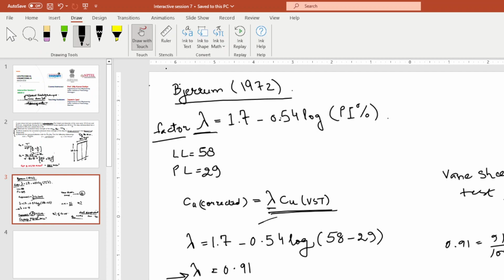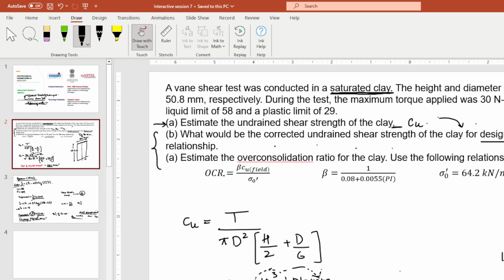The purpose of showing this right now was, see, there will be hundreds of relations that you can come up with after calculating CU. I have discussed only two, just to make you understand that for any quantity about the soil's nature that you calculate, you can get many other correlated quantities.